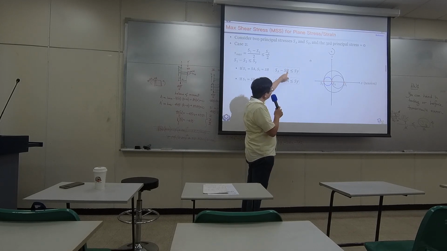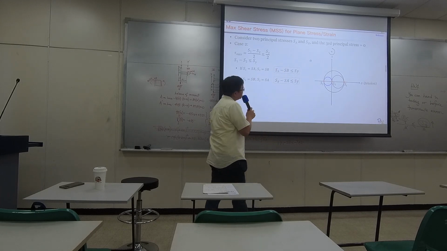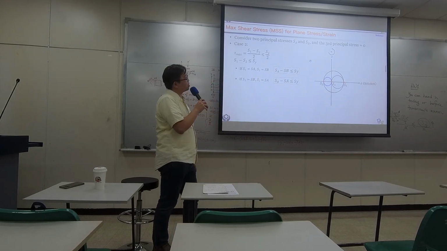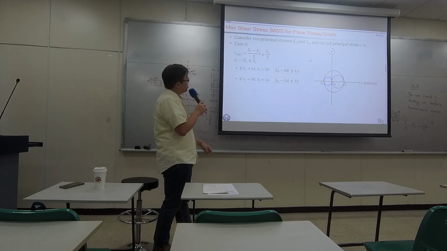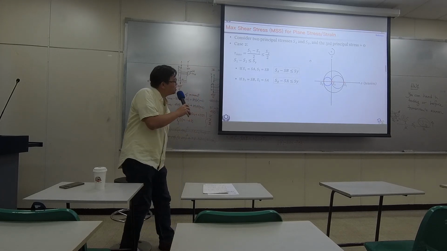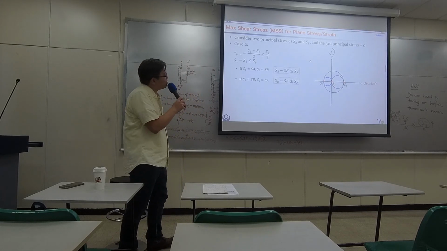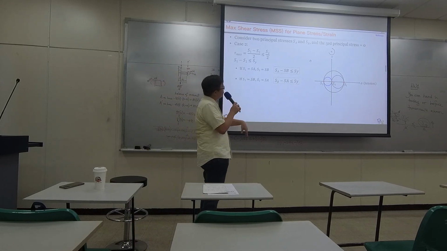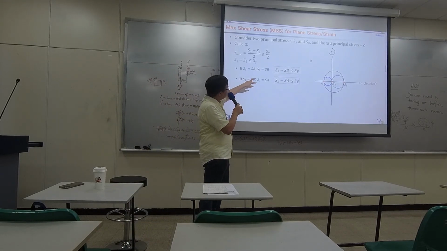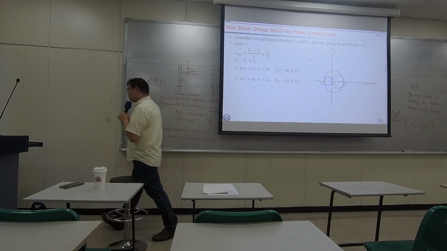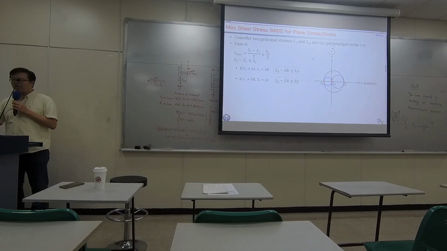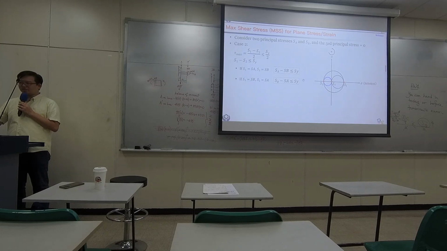I'm sorry, sometimes the A and B are not subscript. It should be, but when I made it, I made some mistake. I didn't correct it. But anyway, you can read it. So then you have these two equations in general for this particular Mohr circle condition.